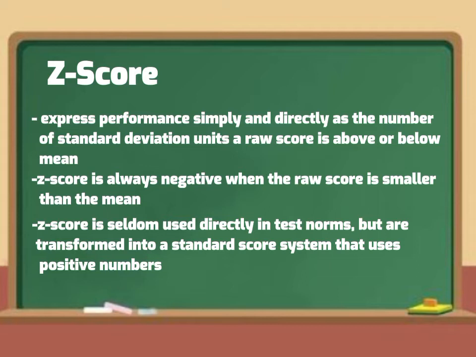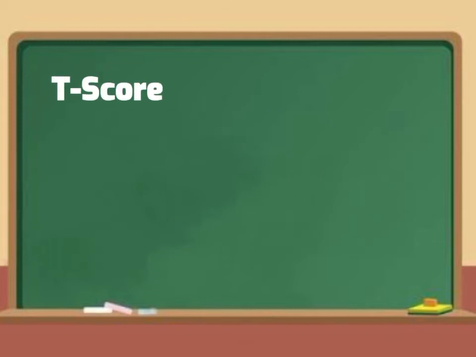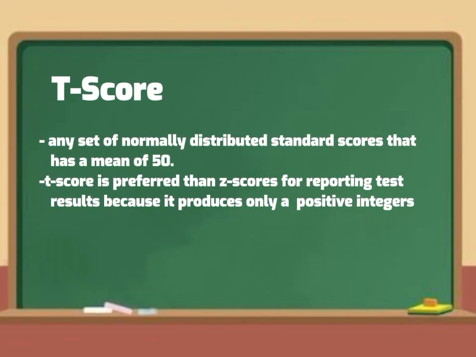A z-score is always negative when the raw score is smaller than the mean. Thus, z-scores are seldom used directly in test norms, but are transformed into standard score systems that use only positive numbers.